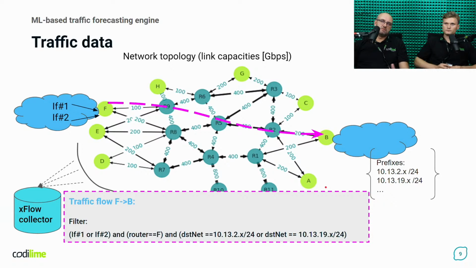Here we assumed that we know all the end-to-end traffic flows between any pair of edge routers.